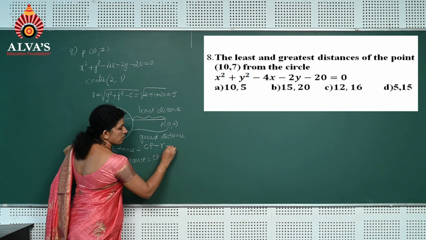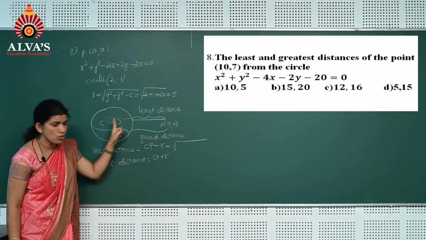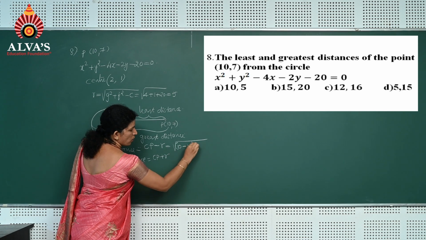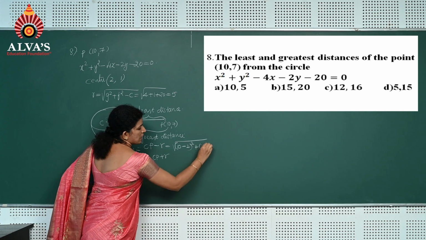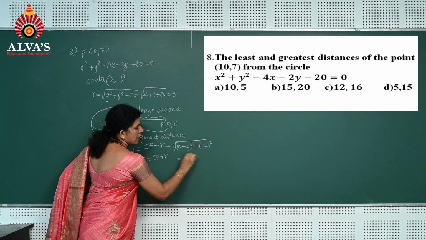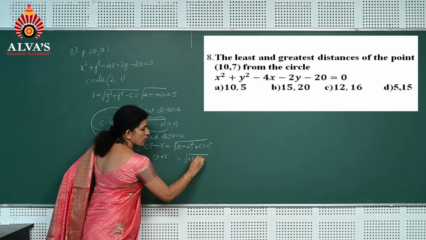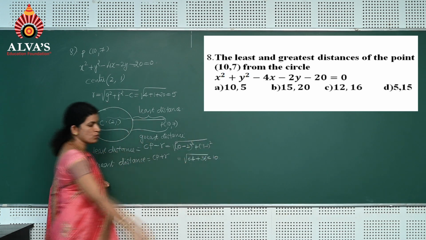Let us calculate CP by using the distance formula, that is square root of (x2 minus x1) whole square plus (y2 minus y1) whole square, that is (10 minus 2) whole square plus (7 minus 1) whole square. 10 minus 2 is 8, 8 square is 64, 7 minus 1 is 6, 6 square is 36, that is square root of 100, that is equal to 10.